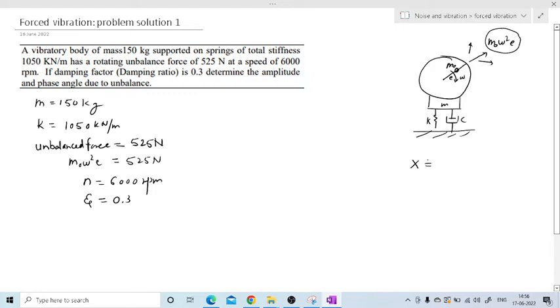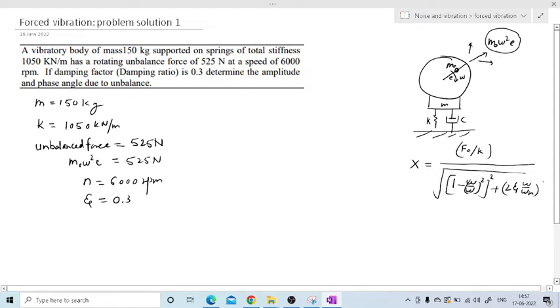Now, in the rotating unbalance, the formula for amplitude is F0 by k divided by under root of [1 minus (omega by omega n) square, then total bracket square, plus (2 zeta omega by omega n) bracket square]. So this is the formula to determine the amplitude.